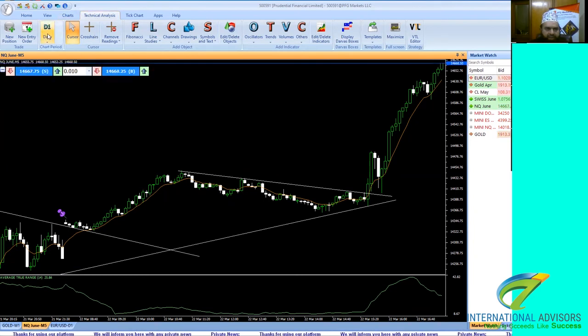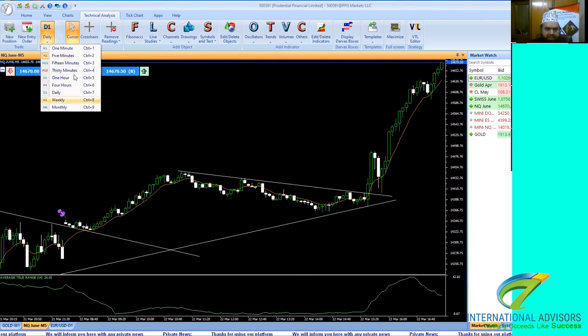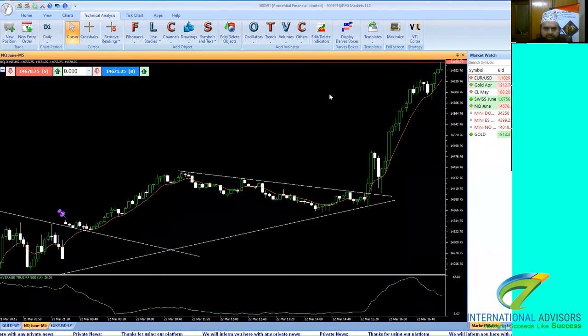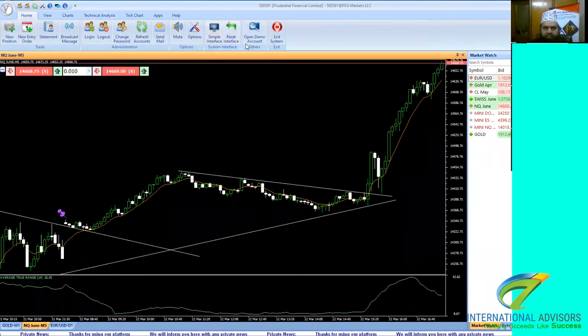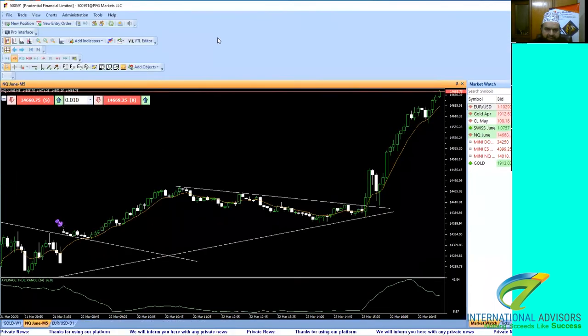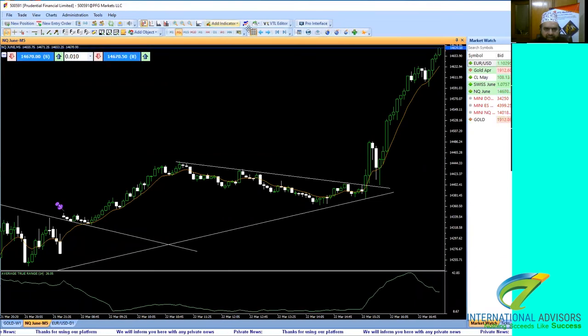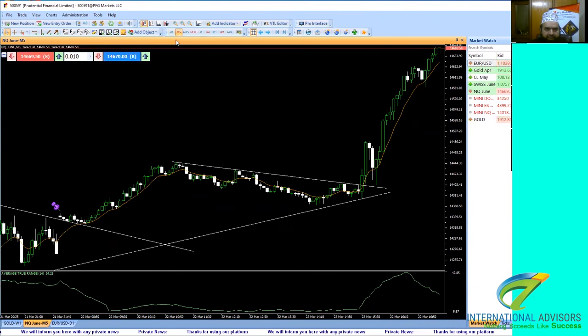Then you see here time intervals. You can change from here. Otherwise, if you convert it to the simple interface, then generally all those switches are available in a minimized shape as icons here. Then you can change it from here. So here you can see this is right now for 5 minutes.